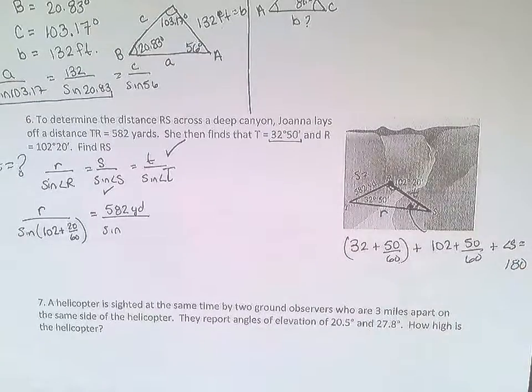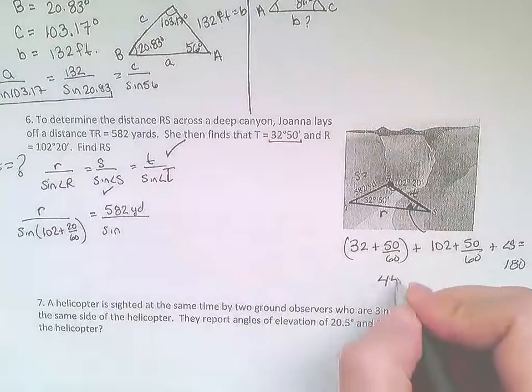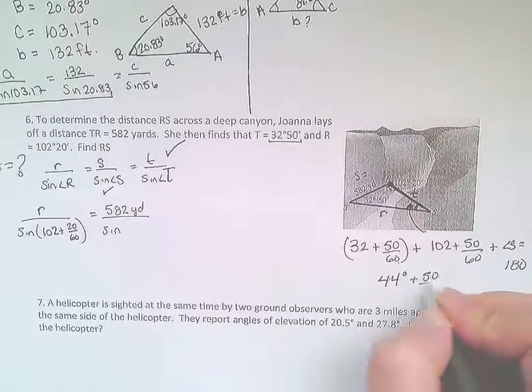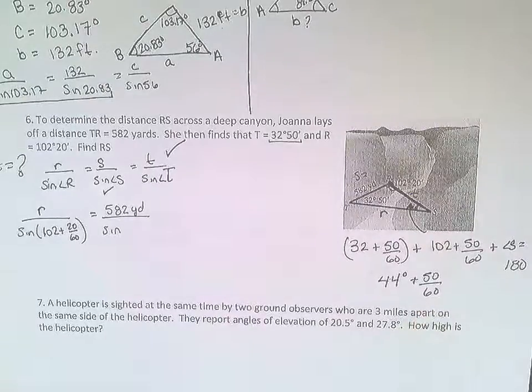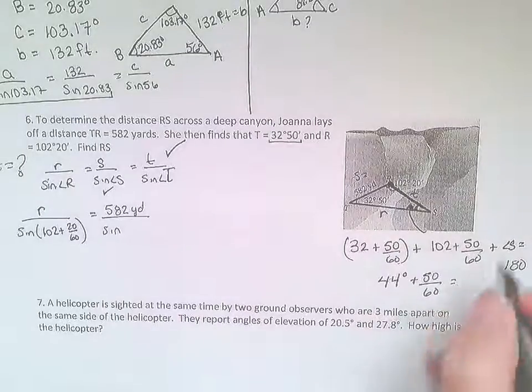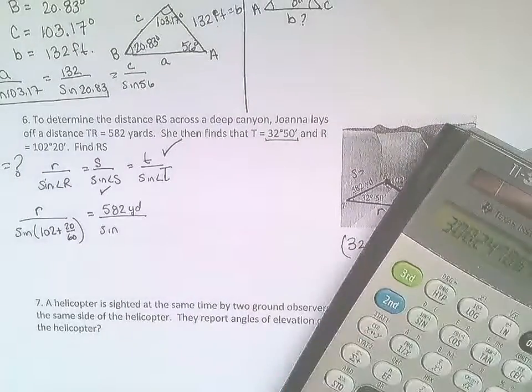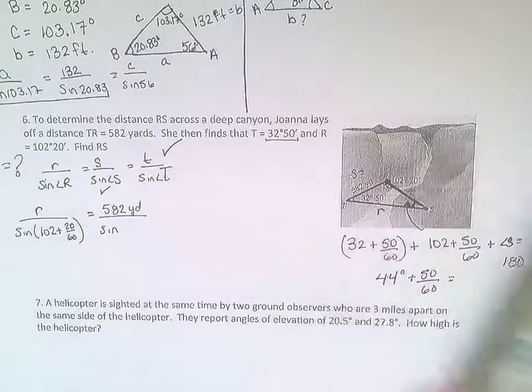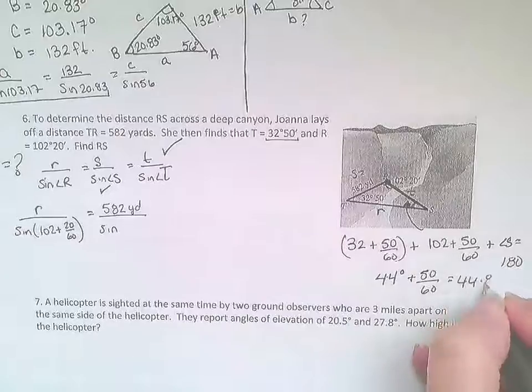And then when you solve that, you end up with angle S being 44 degrees plus 50 over 60, which is 50 divided by 60 plus 44, 44.83 degrees.